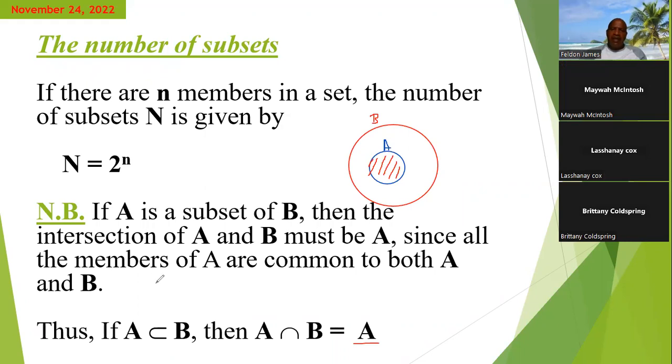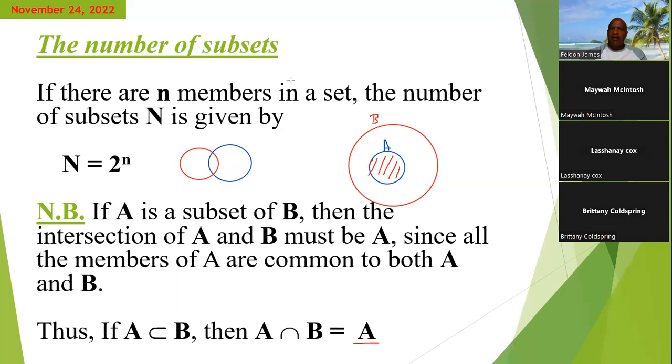Now, so an intersection of sets, generally you look for overlapping sets when we're dealing with intersection. So if you have two sets, say set A and set B, and the two sets are overlapping.